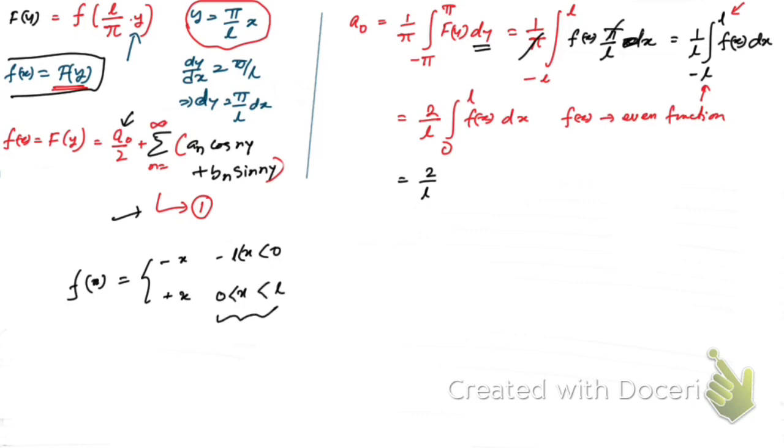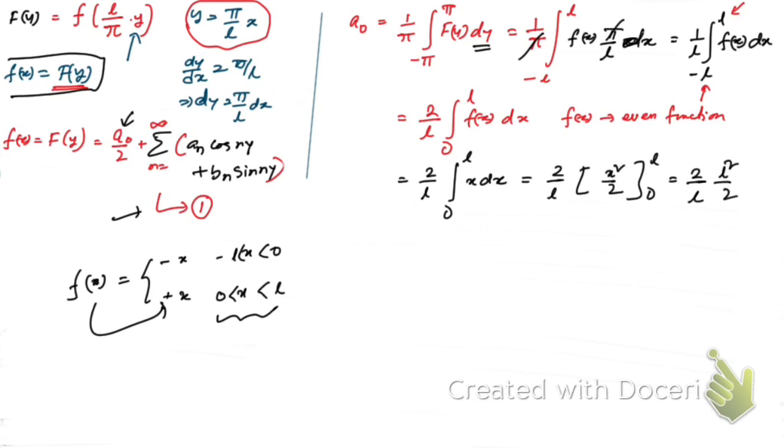So for 0 to l, f of x is x. So we get 2 by l integral from 0 to l of x dx, and if you evaluate this, you get 2 by l times x square by 2 from 0 to l. Putting in the limit l, we get 2 by l times l square by 2, which is equal to l, because the two cancel and l cancels l square to give l.